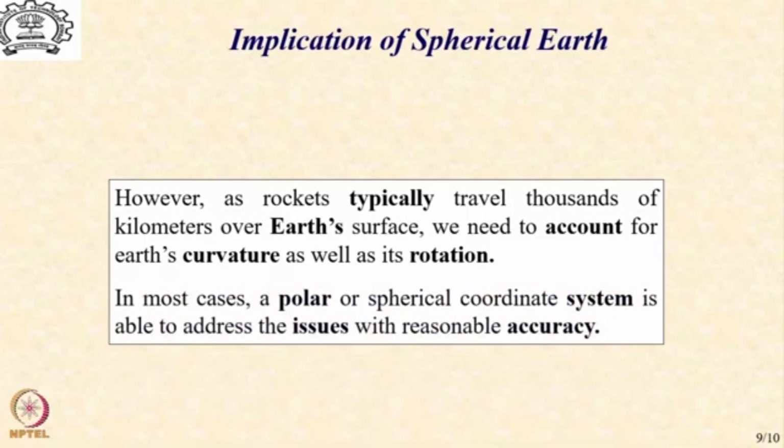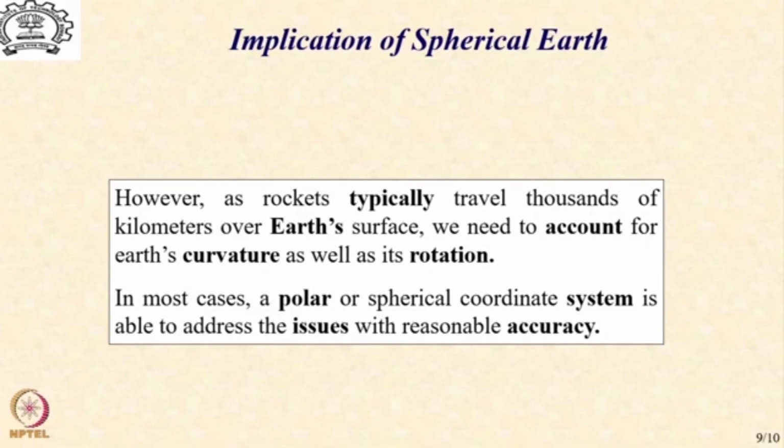One way of getting around this difficulty is to then employ a polar or a spherical coordinate system which adequately addresses the issue of gravity vector direction but introduces additional complexities in the mathematical model.